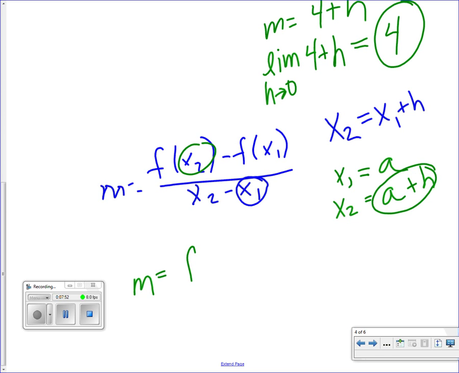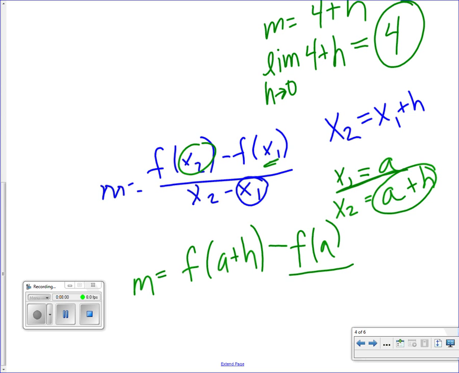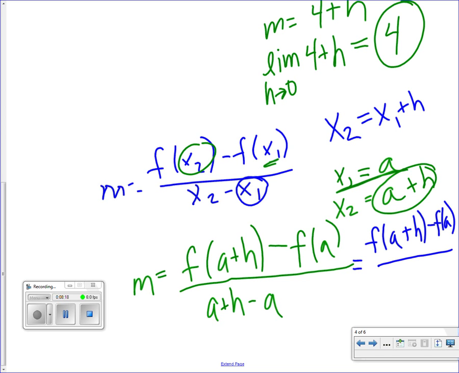So I have f of a plus h minus f of a, because I'm replacing x1 with a, all over x2, which is a plus h, minus a. And I want you to notice that in the denominator, a plus h minus a will always simplify to be h.